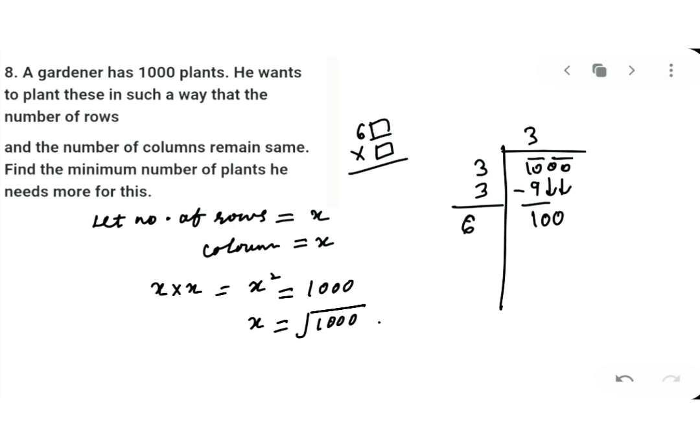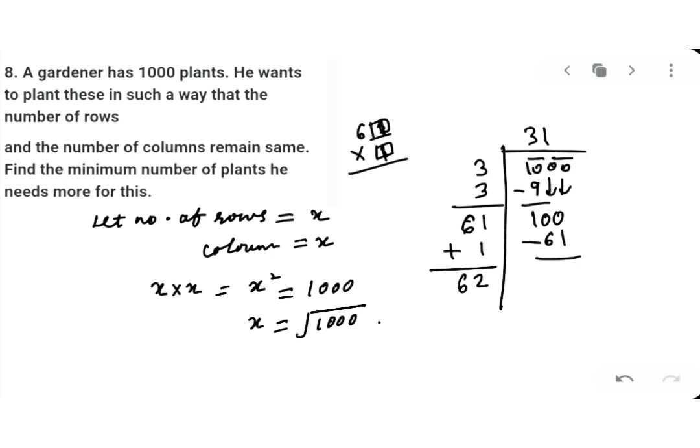Can I take 2? No. Can I take 1? If I take 2, that will be far more than your 100. So I have to go for 1. So I'll take 61 into 1, that will be 61. Getting my point clear? And here if I have multiplied with 1, I have to add 1, that will be 62.